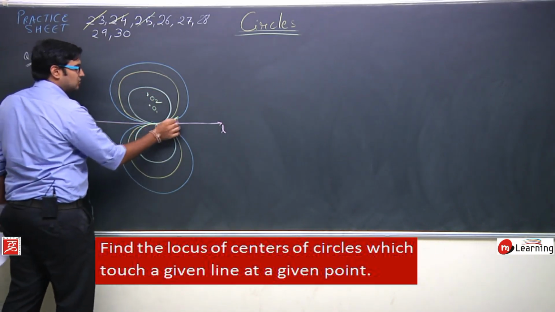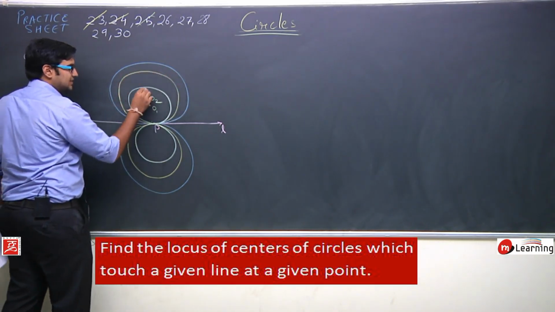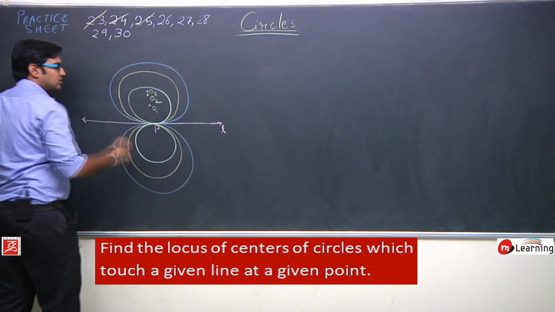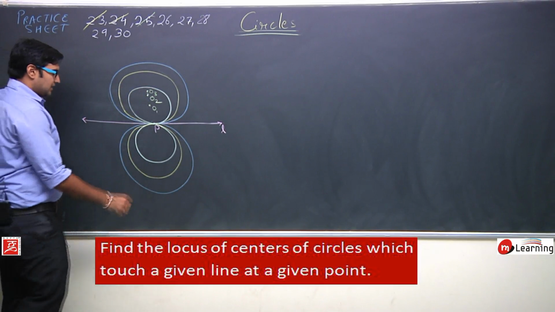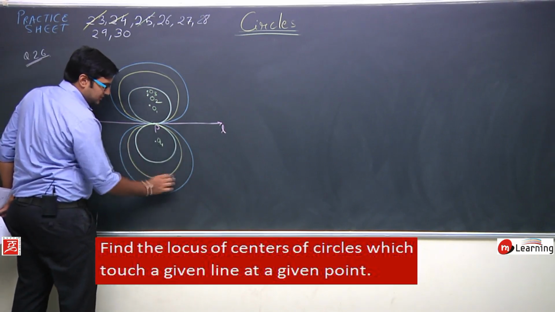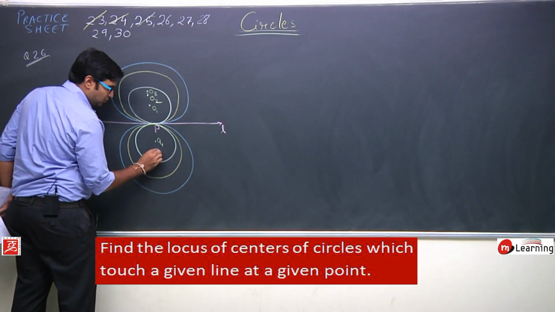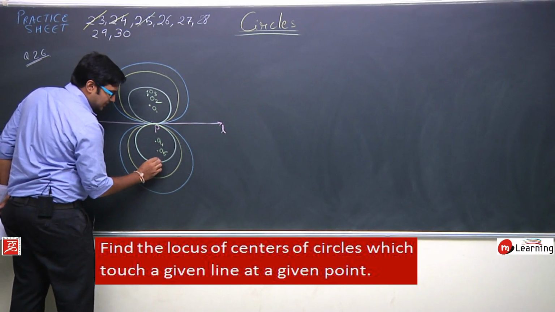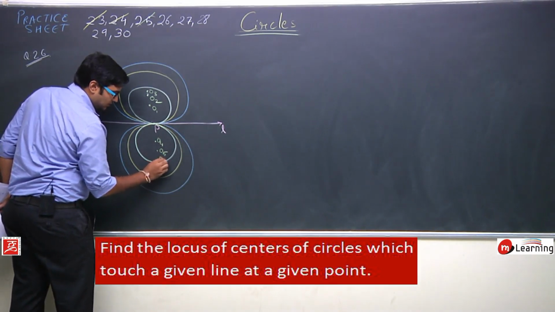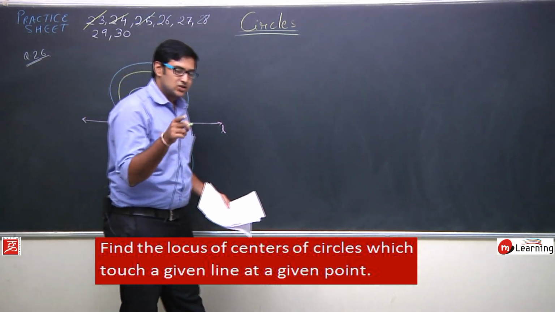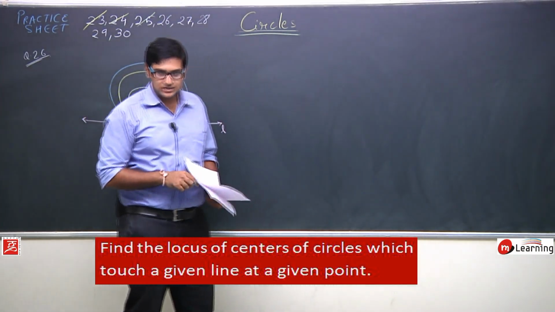Okay, and center of this largest circle is, let us say, somewhere here, which is O3, and center of this smaller circle is, let us say, O4. Center of this yellow circle is, let us say, O5, and center of this largest circle, blue circle, is, let us say, O6. Now these are what? These are the centers of these 6 circles.